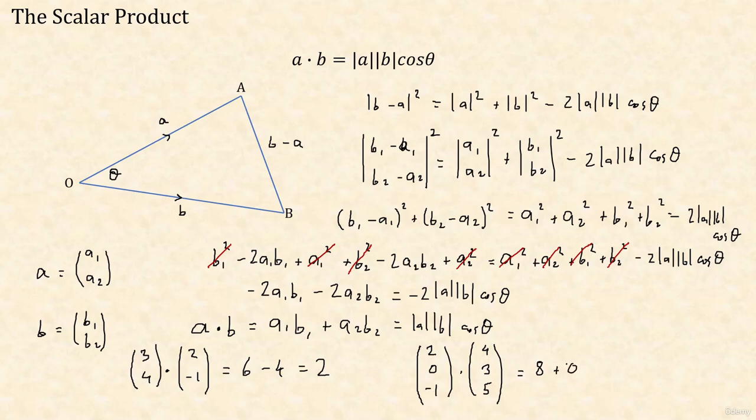And negative 1 times 5 is minus 5. And so the dot product of these two vectors is 3. And again, since it's so easy to work out moduluses, I could simply set 3, their scalar product, equal to the modulus of one times the modulus of another times cos theta, and work out cos theta really easily.